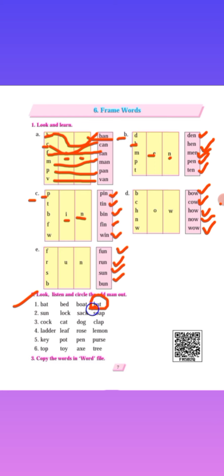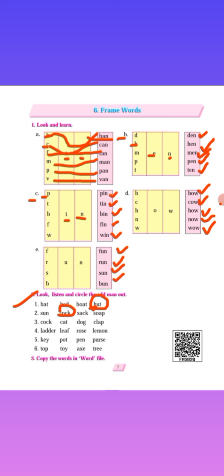Okay, next, second number words are given: sun, lock, sack, soap. So in three words, the first letter is S, but in lock, the first letter is L. So we have to circle this lock as the odd man out.